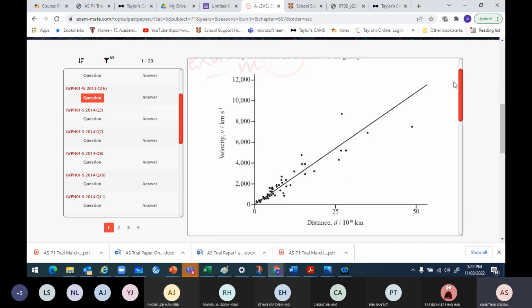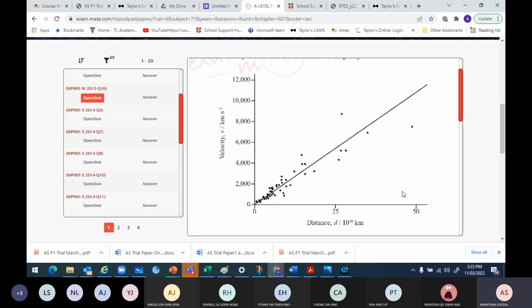Anybody? Any idea? Riyad, do you have any idea? Any formulas to be used? Okay. Ashley? 1 over H naught. So how do you find the H naught?